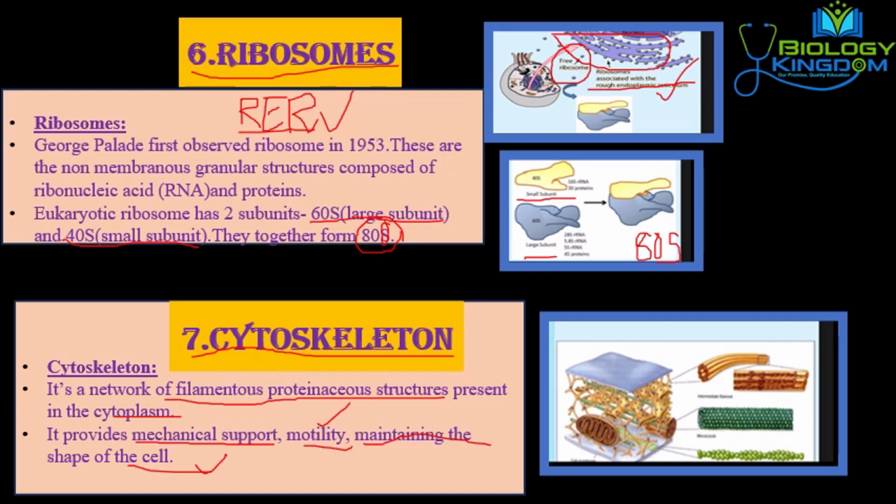Here these tube-like structures are the filamentous proteinaceous structures present inside the cytoskeleton, and these three are the major important functions: support, motility, that is movement, and maintaining the shape of the cell.